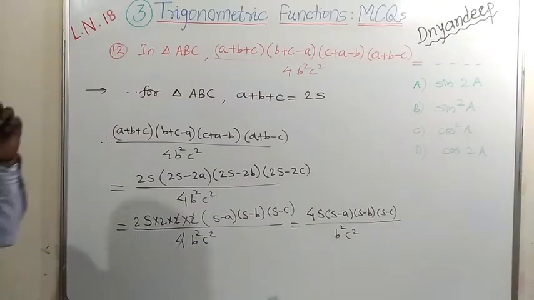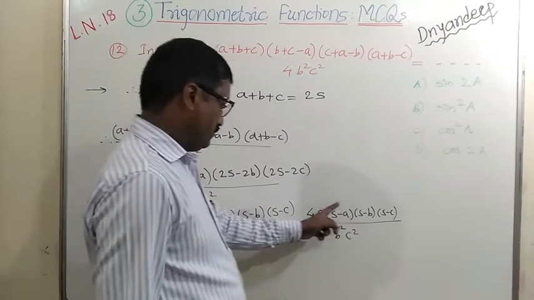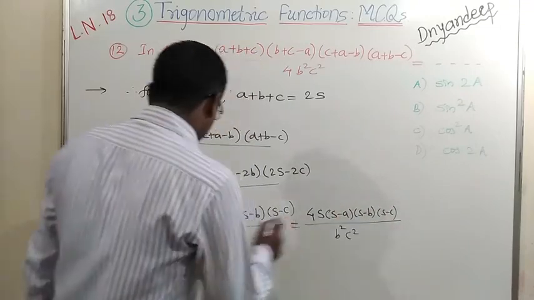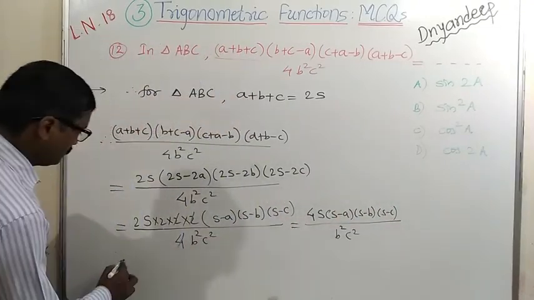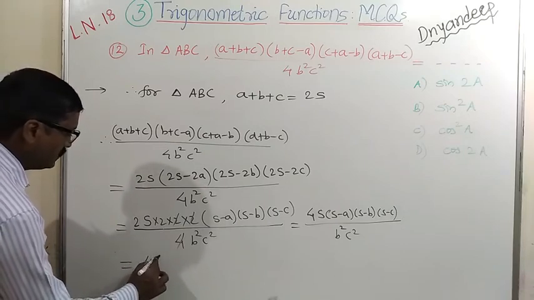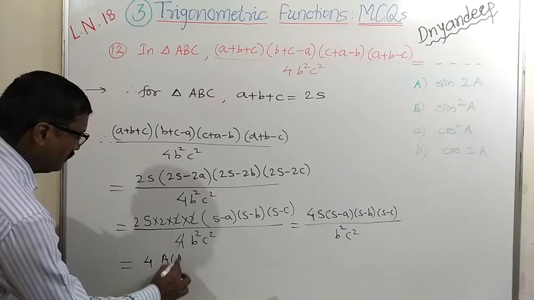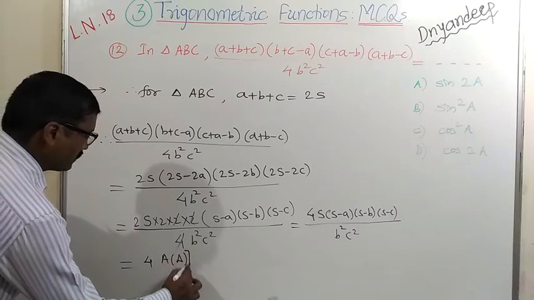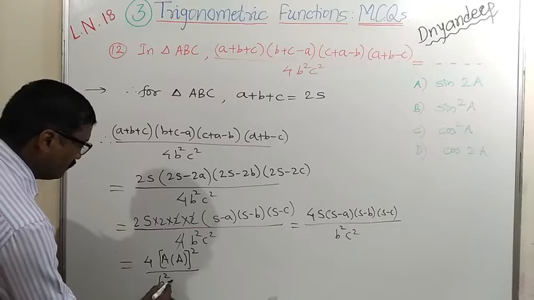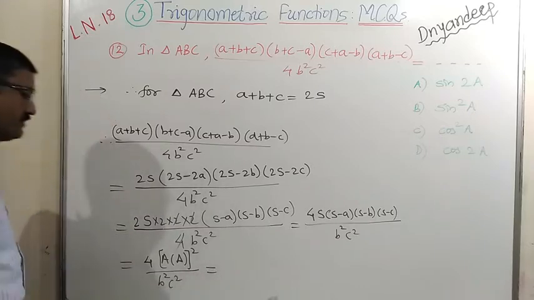Now once again, this s(s − a)(s − b)(s − c) is nothing but the square of the area. So we get it is equal to 4 into the area of the triangle squared, divided by b²c².